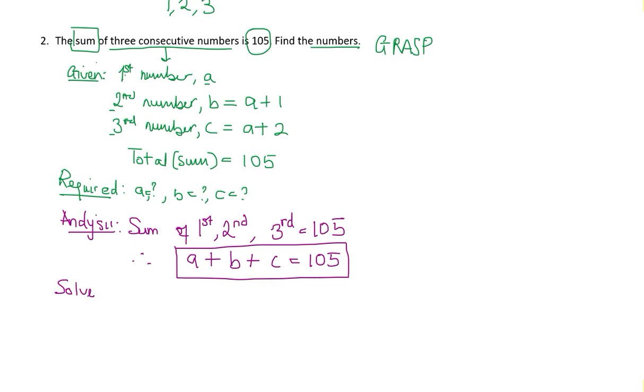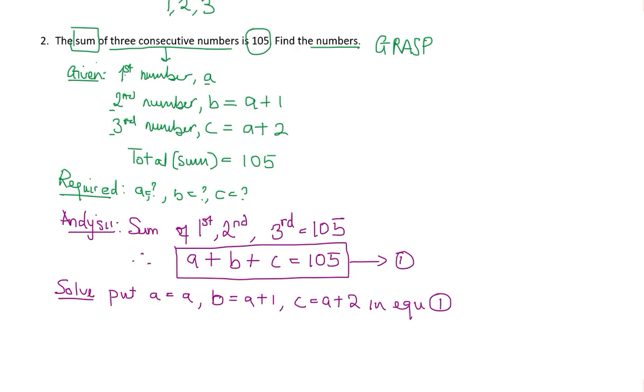To solve here, we put A is equal to A, B is equal to A plus 1, and C is equal to A plus 2 in equation 1, which is the analysis right here. So where I see B and C, I put A plus 1 and A plus 2 respectively.